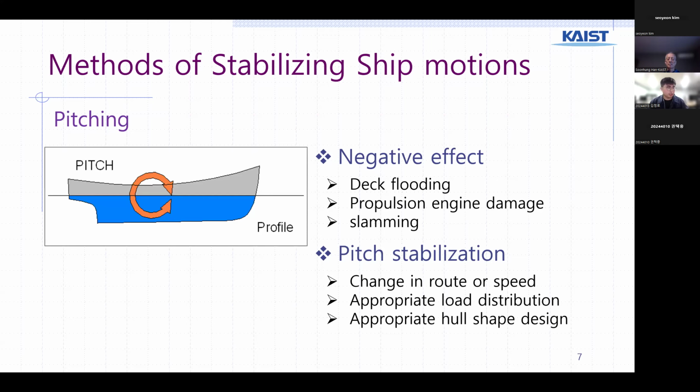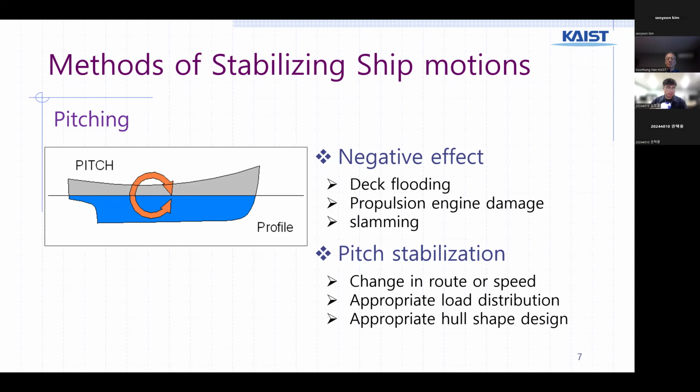Next is pitching. Pitching is when the ship rocks forward and backward, bow and stern, along its transverse axis. This happens mostly when the ship moves head-on into waves. The negative effects of pitching are deck flooding, propulsion engine damage, and slamming.